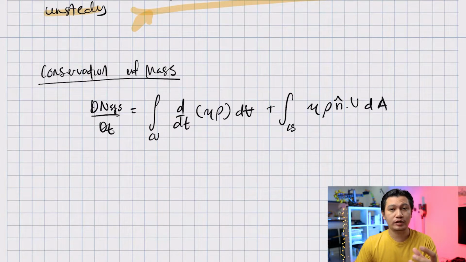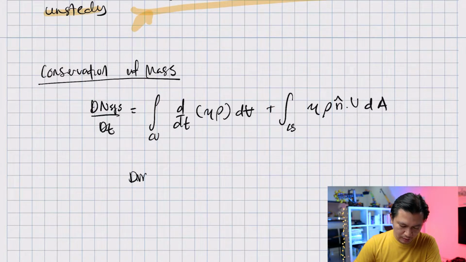The definition of conservation of mass is that the mass inside the system is fixed. It doesn't change, so dm of the system over dt must equal 0.